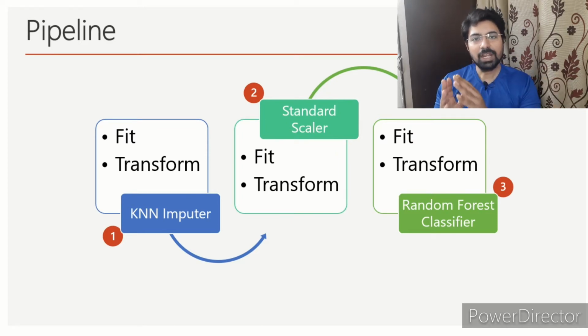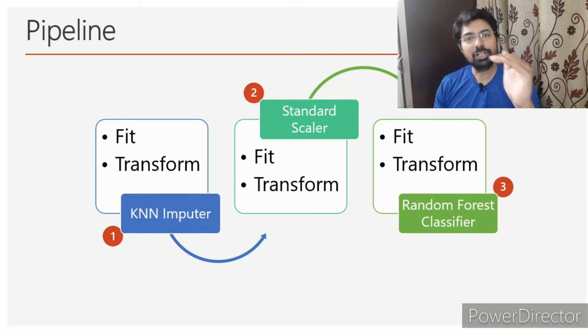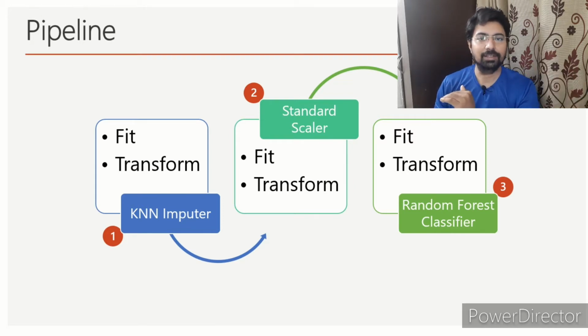When you are applying all these things to your data set, there is a possibility that you may jumble up the things. The pipeline will ensure that you have defined a complete, traceable, clean workflow for your entire data set on all the applications you want to do upon it.